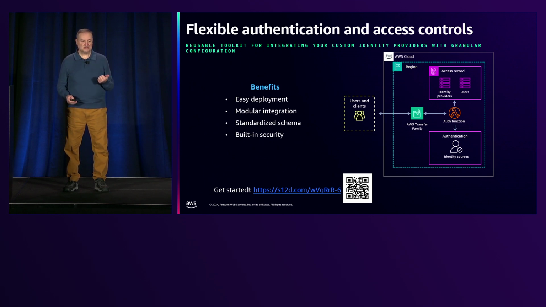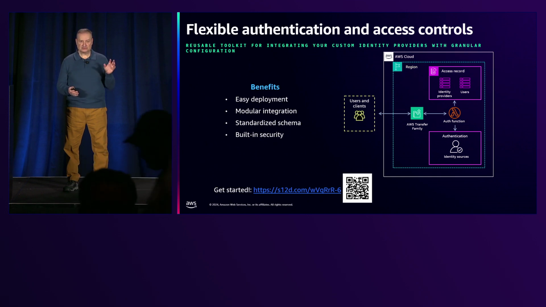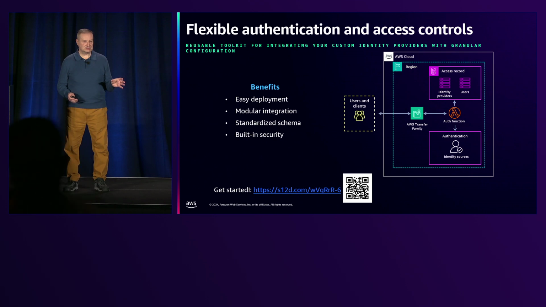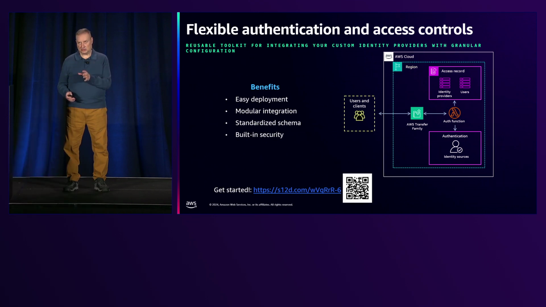It's easy to deploy. You use a SAM template to deploy the solution. It provides you with modular integration with multiple identity providers. It gives you a standardized schema. It's 2 tables in DynamoDB where you define your identity providers, and where you define your users and the access that these users have.